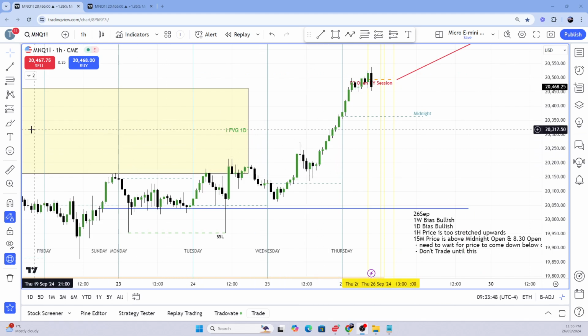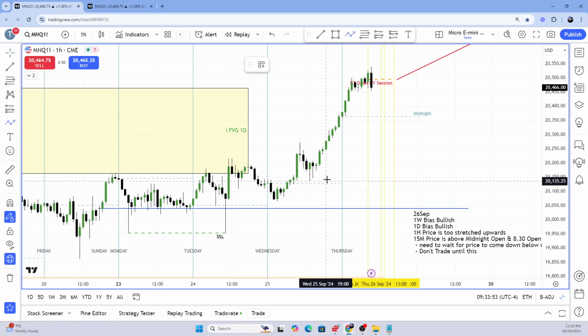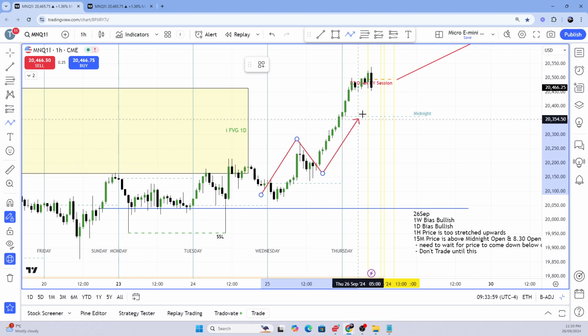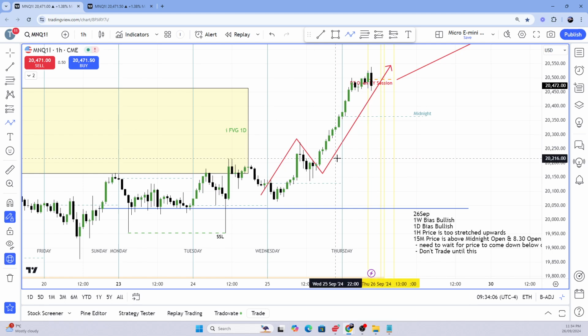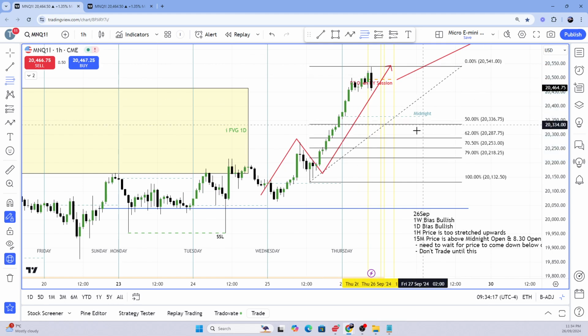In the 1 hour chart, you could see the price is too stretched towards the upside. A swing high was formed here, but the price is stretched up a lot, so it is at a premium level. If you draw a fib from this point to this point, from the hourly viewpoint the price is at a premium.